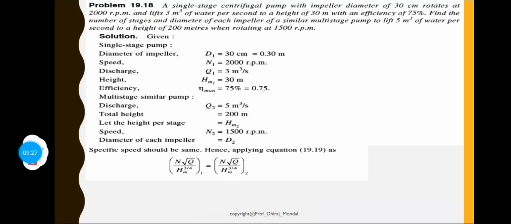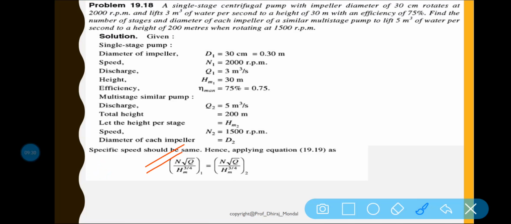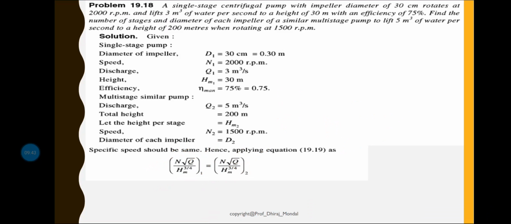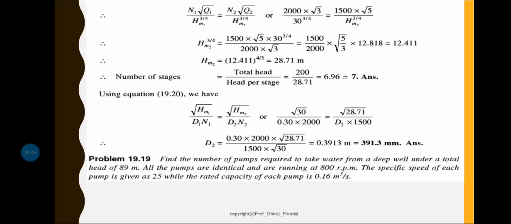This we can write. N1, Q1, Hm1, N2, Q2 are given, so I can easily find out Hm2.